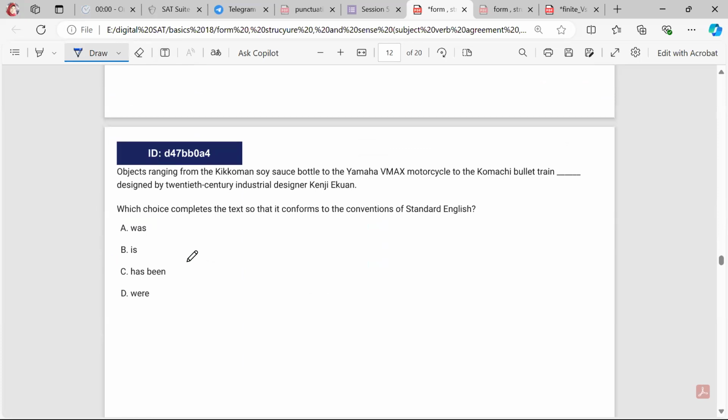The last one. Tell me both pieces of information: is this subject-verb agreement, verb tense, or finite and non-finite? And what is the answer? So your answer must have both pieces of information. Let me check.